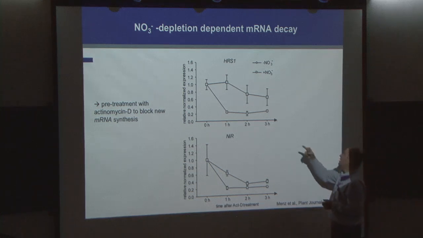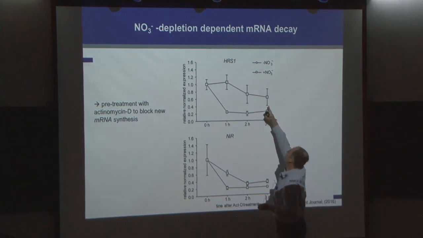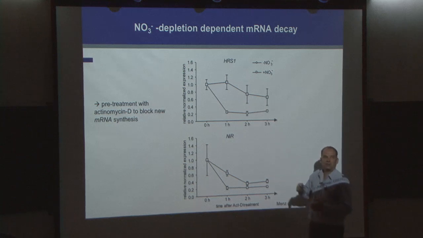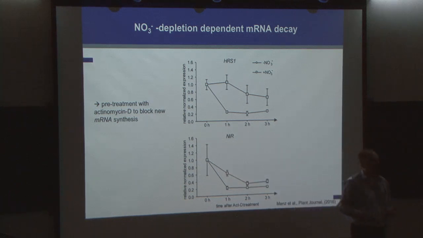In the presence of nitrate, the transcripts are more stable, the half-life is longer, and in the absence of nitrate, they're degraded faster. Somehow, we believe there's an active degradation of certain messenger RNAs when there's a nitrate deprivation.